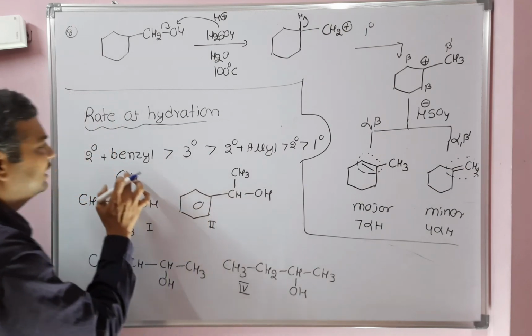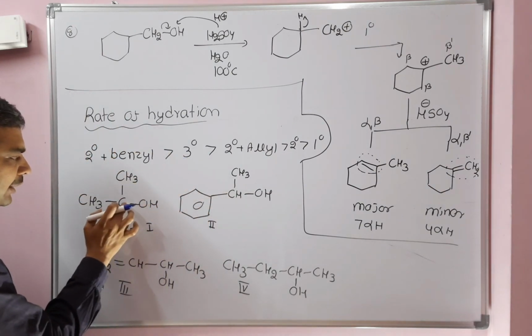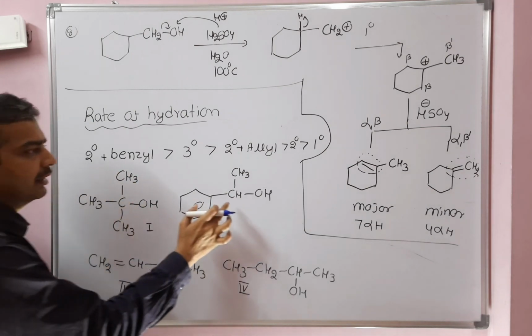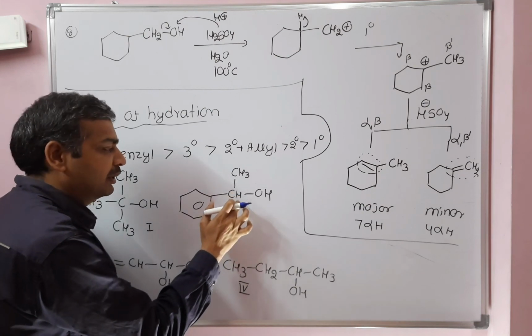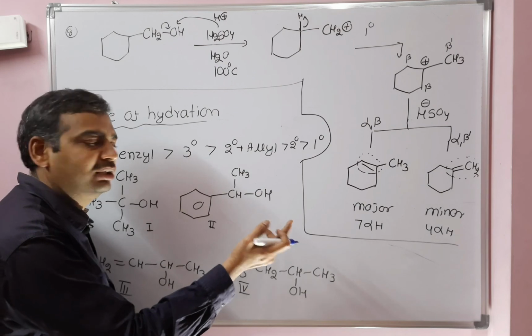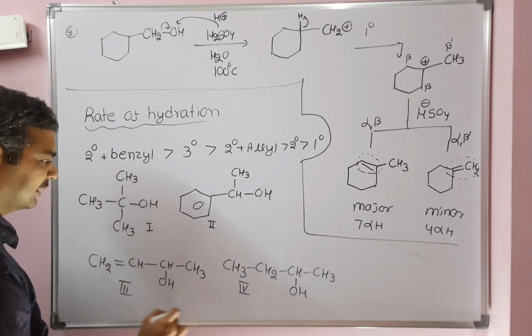Whereas in the case of tertiary, the carbocation is stabilized only by hyperconjugation. Here with secondary plus benzyl, hyperconjugation is there and resonance is there. Always resonance dominates over hyperconjugation. That's why this is the order. You can remember this order and write the answer for any question.